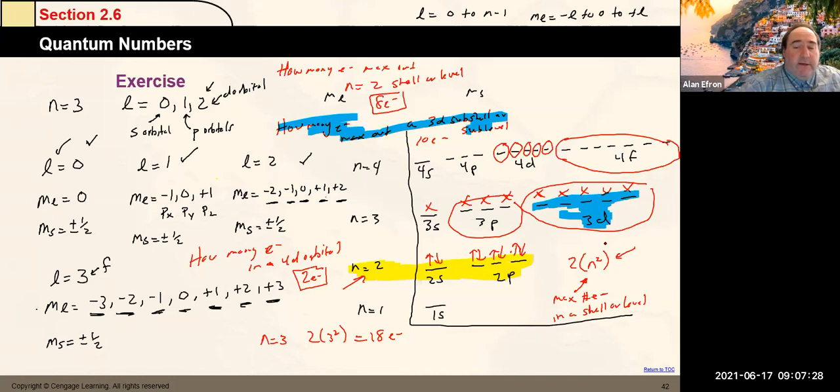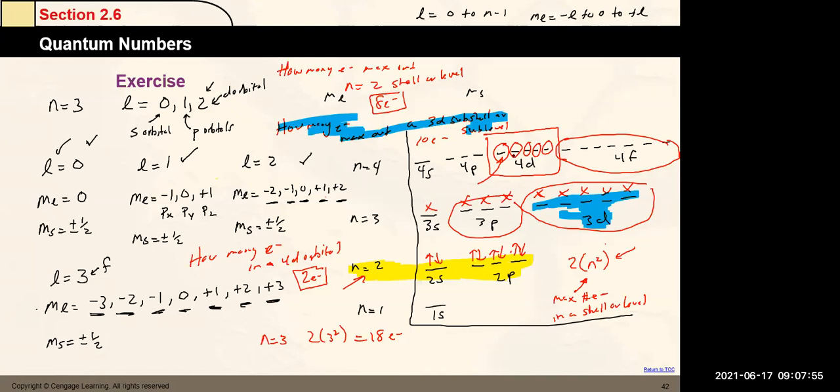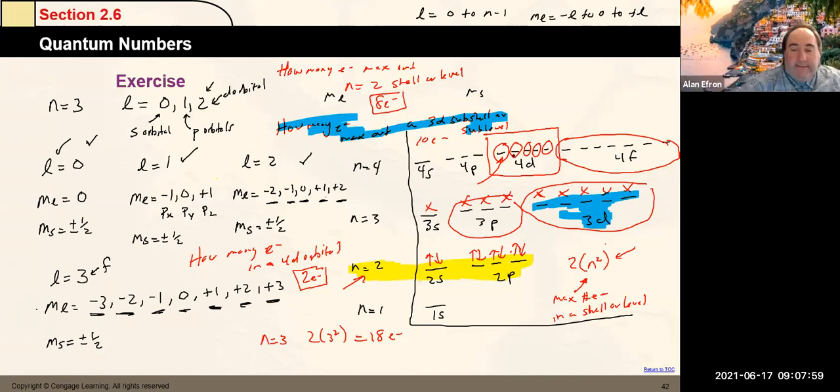But if they ask how many electrons you could put in a 4d subshell, that would comprise all 5 of those orbitals, filled with a maximum of 10 electrons. When we're talking about an individual orbital, we're talking about one line at a time, and one line at a time you can only put 2 electrons in. So how many electrons in a 3d orbital? It would be 2 electrons? Yes. Okay, thank you.